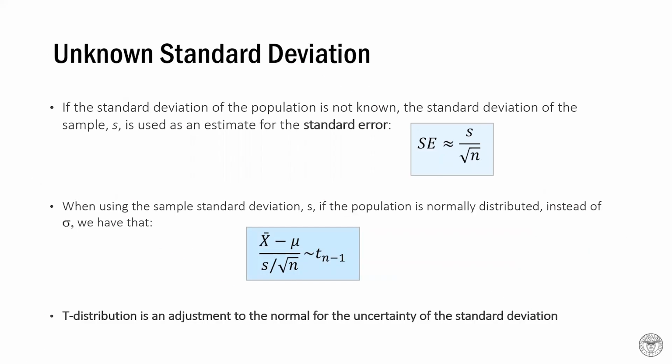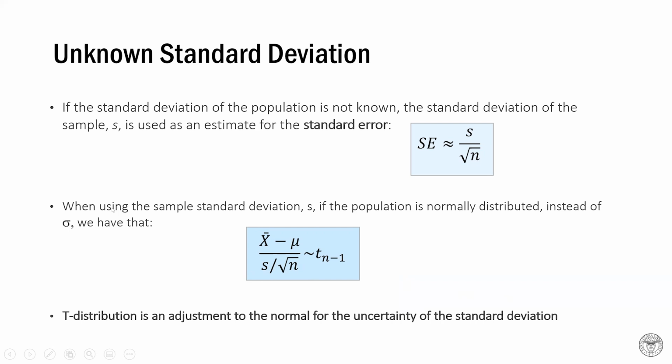Given that the standard deviation of the population is not known, the standard deviation of the sample S is used as an estimate for the standard error, which is given by SE approximately equal to S over square root of n.